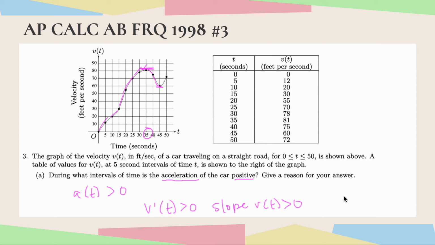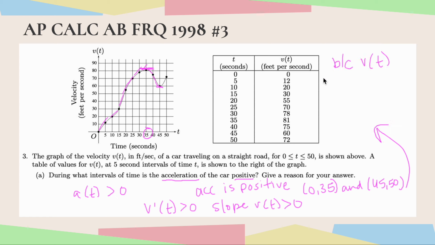So what we would say is that the acceleration is positive for 0 to 35 seconds and 45 to 50 seconds because, I'm going to write that up here just because I ran out of space, v of t, or the velocity, is increasing on those intervals. So on the interval 0 to 35 and, sorry about my poor handwriting there, and 45 to 50. All right, great. Let's move on to part B.